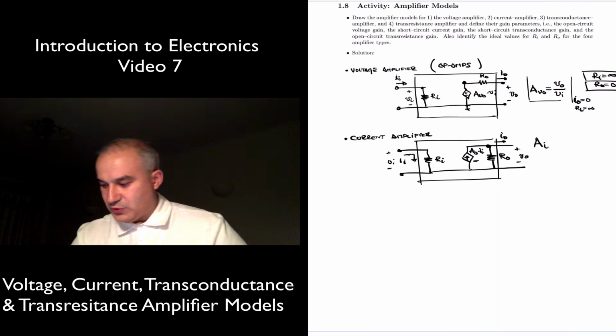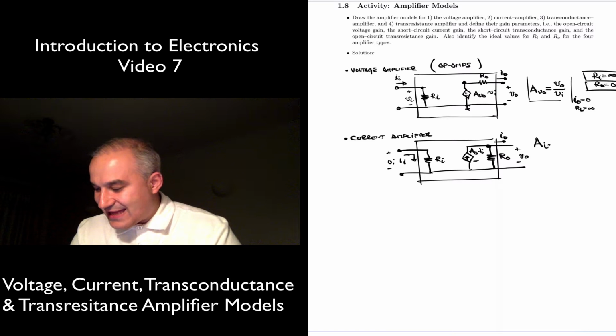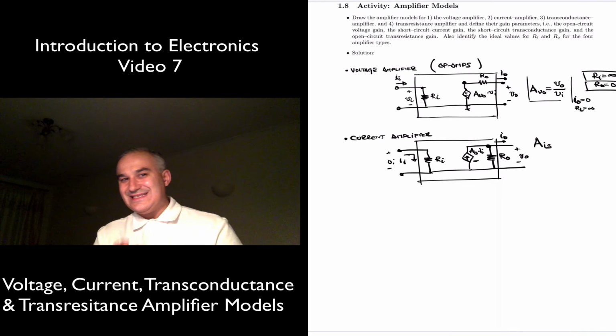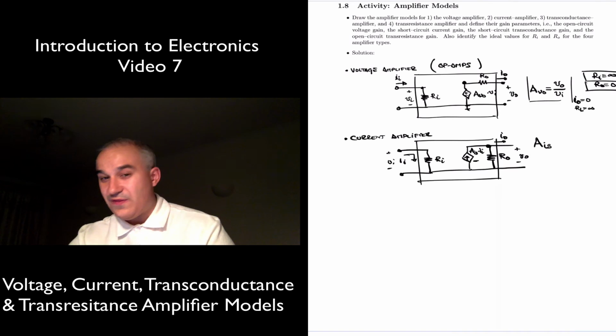And in the previous one, I said AVO for open circuit. In this case, we are doing AIS, because this is a current amplifier. The ideal condition is you are testing this when the output is short circuit.